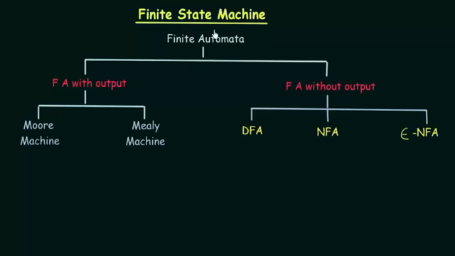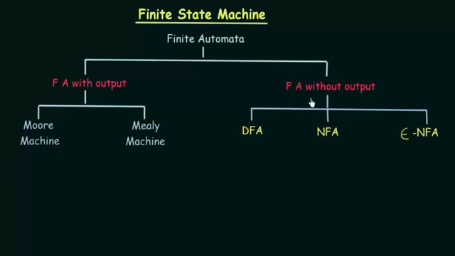So finite state machines are also known as finite automata, and finite automata is divided into two broad categories. The first one is finite automata with output, and the second one is finite automata without output. In finite automata with output, we again have two categories, namely Moore machine and Mealy machine.